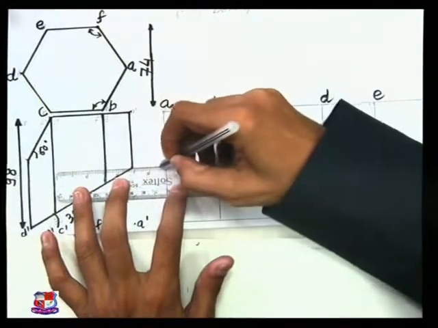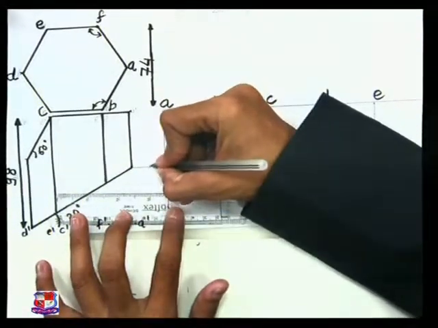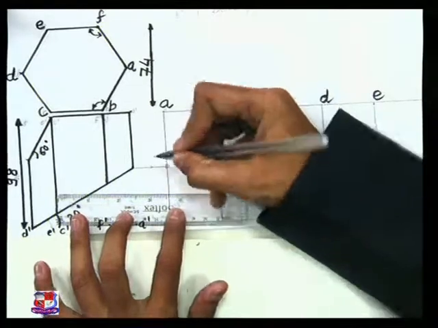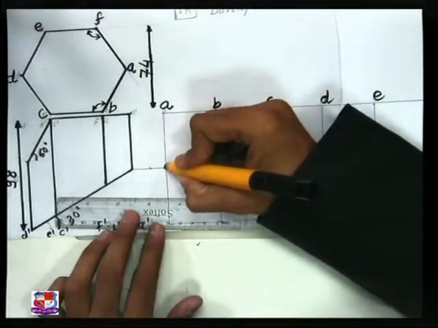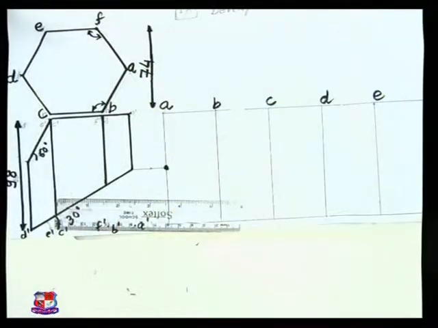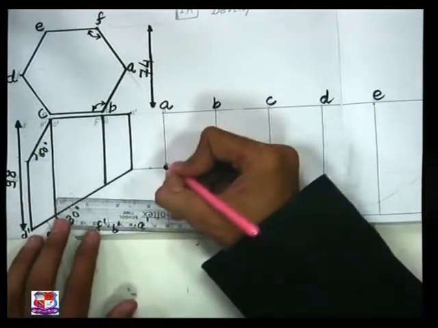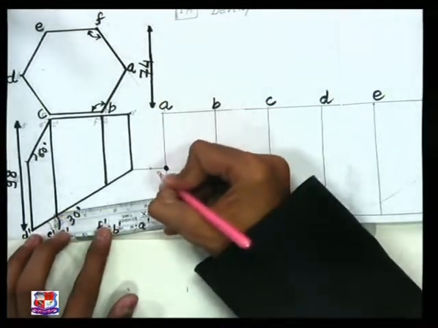Draw a horizontal line like this, and that will cut the projection from point A at this point. So this is our first point. Name this point as point P1, like this.